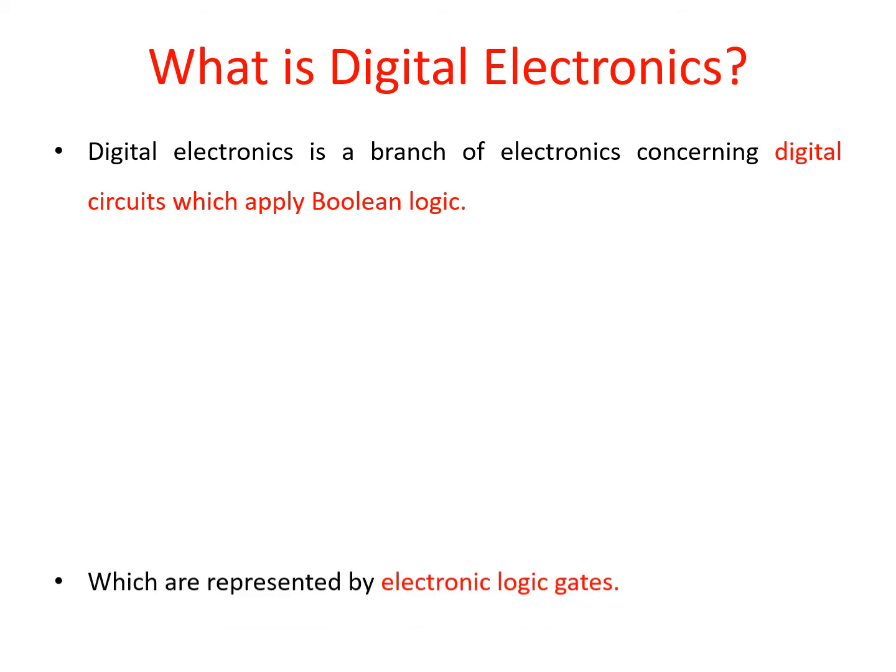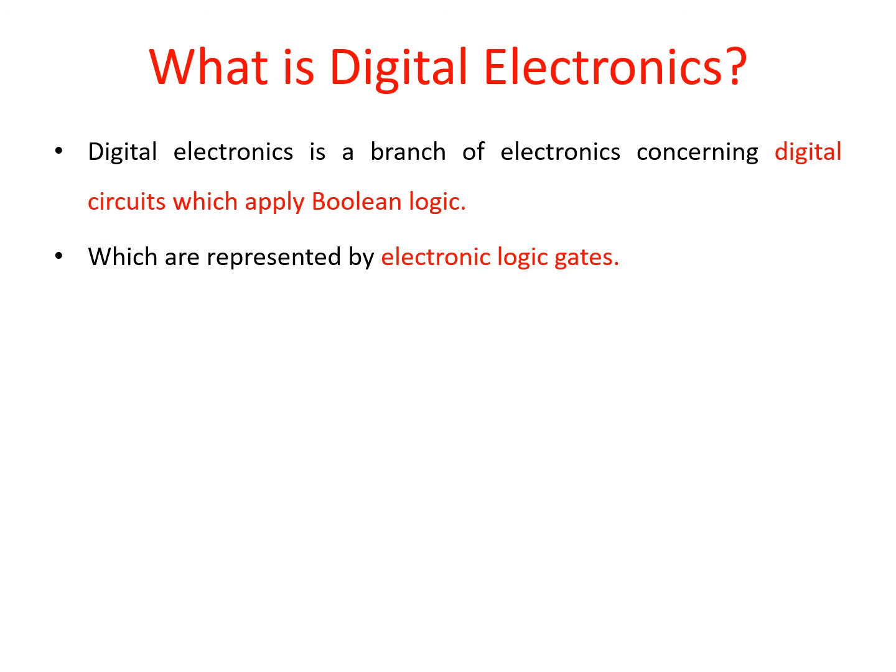This digital circuit is represented by electronic logic gates. Most of the students know what logic gates are. Logic gates are AND gate, OR gate, NOT gate, and so on. Many gates are there, and we are going to use all these logic gates to design digital logic circuits.